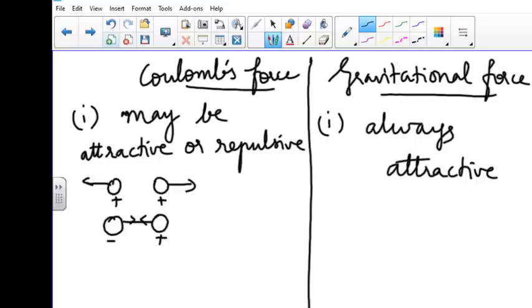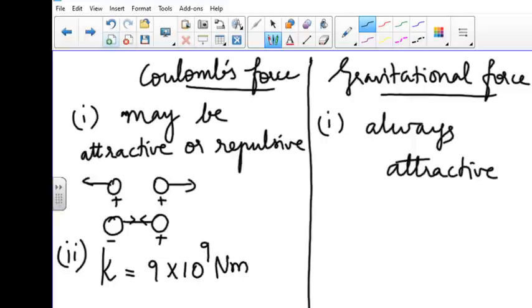So this is the first point, and the second point talks about the value of the proportionality constant. We know the value of K in Coulomb's law is K equal to 9 into 10 power 9 N m squared C power minus 2.